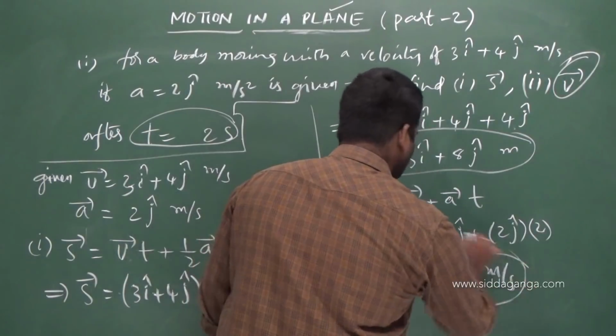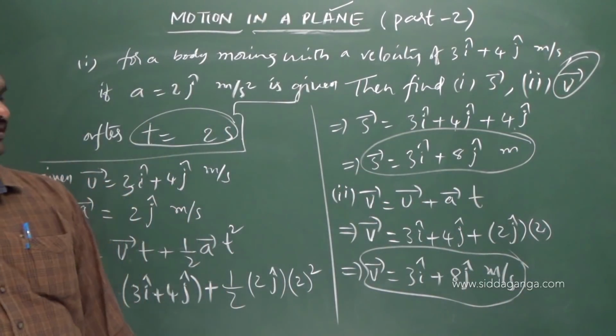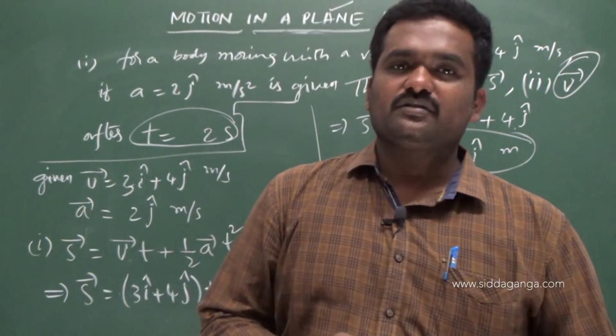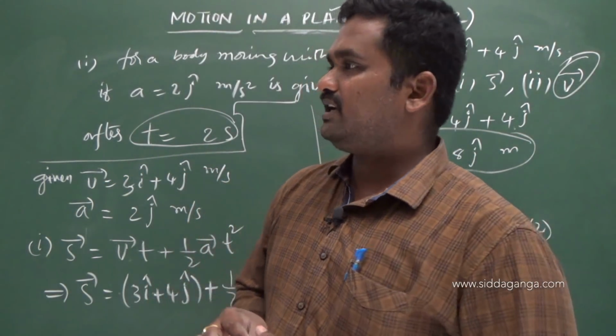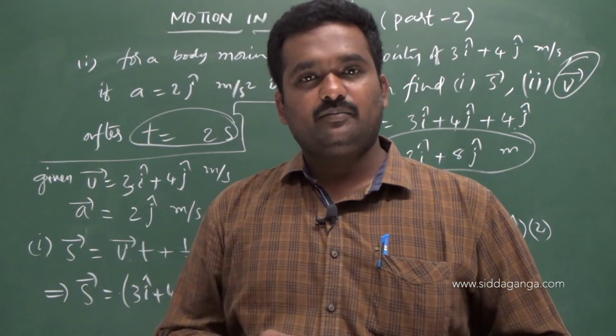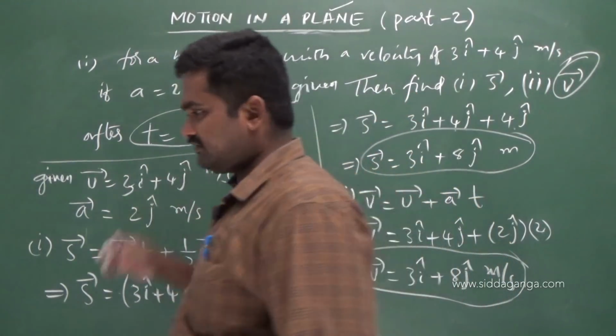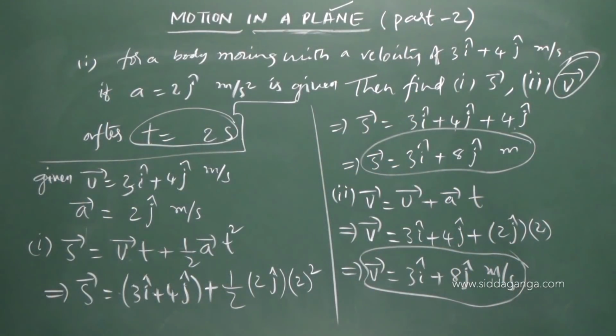That's how we need to solve for velocity. It is just an example of making use of the kinematic equations to solve for the required parameters in a plane. These are the equations you are supposed to write down.